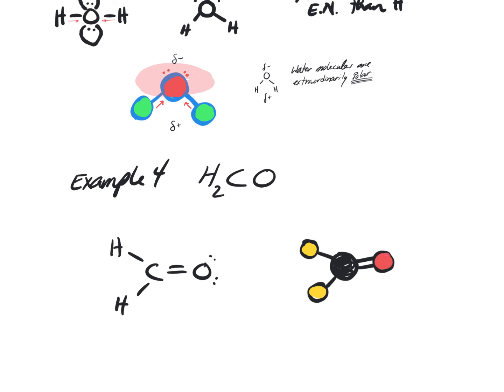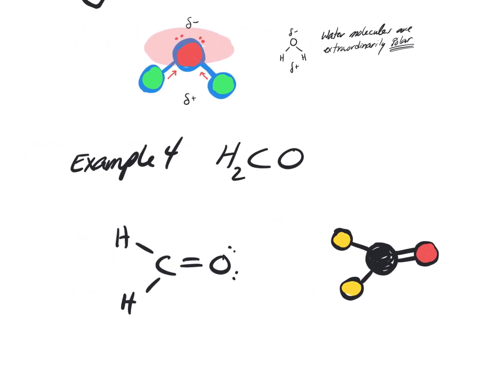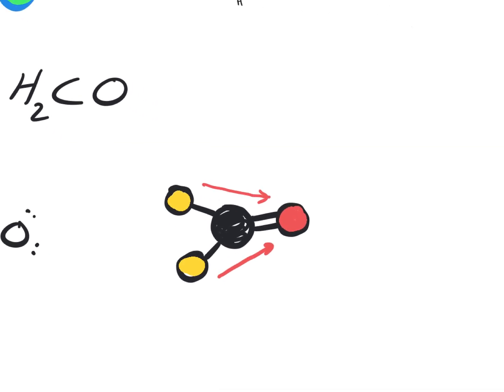Now, if you look at the periodic table, you should recognize that oxygen is the most electronegative of these elements. So within this molecule, electrons are going to be pulled toward the oxygen side. So this would be electrons being pulled within this molecule toward the most electronegative element in that molecule.